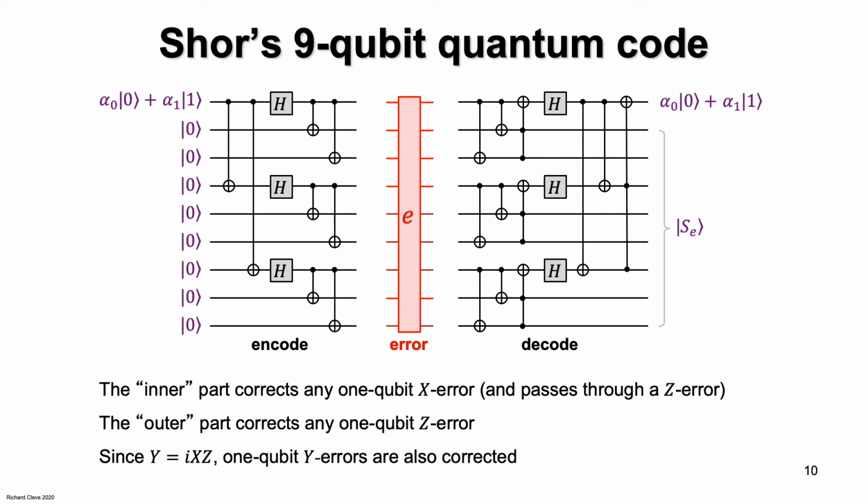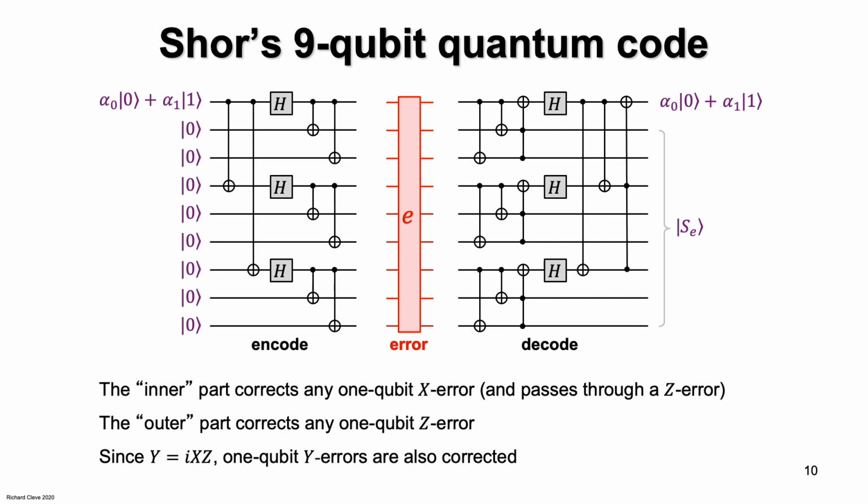So if there is any Pauli error in 1-qubit position, then it is corrected by this code, and the final state of the first qubit is preserved. The final state of the 8 qubits following the first qubit is called the error syndrome and contains information about which error was corrected.